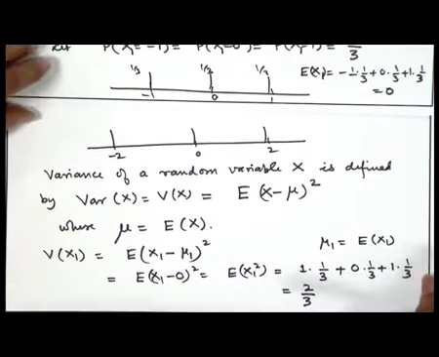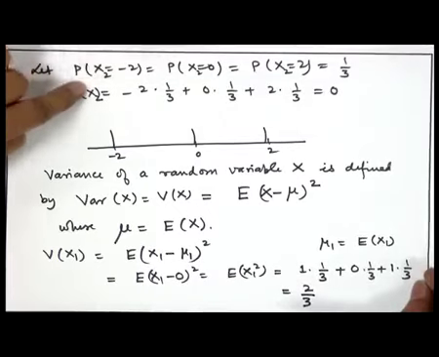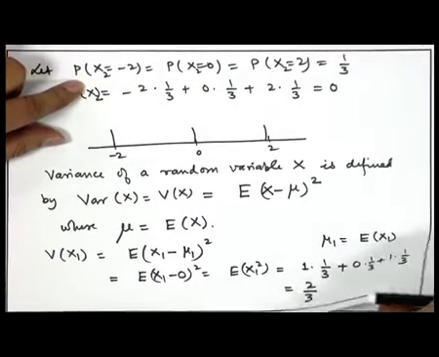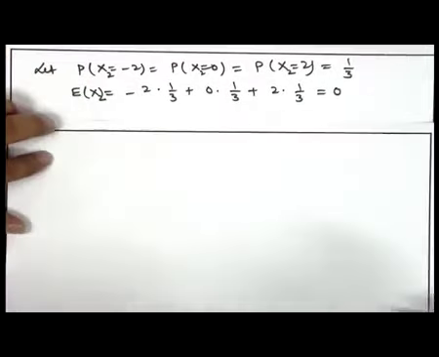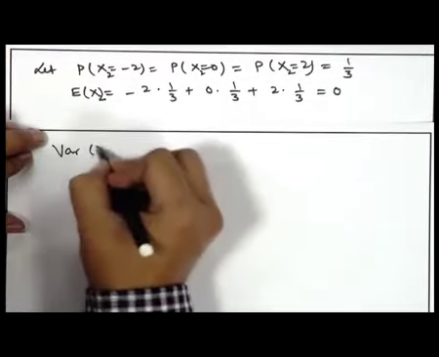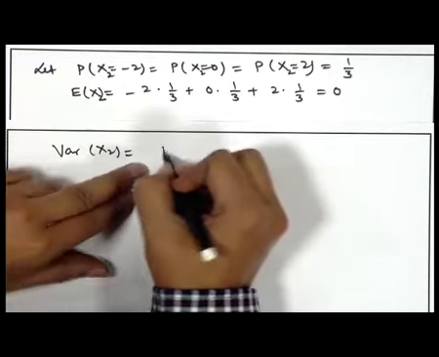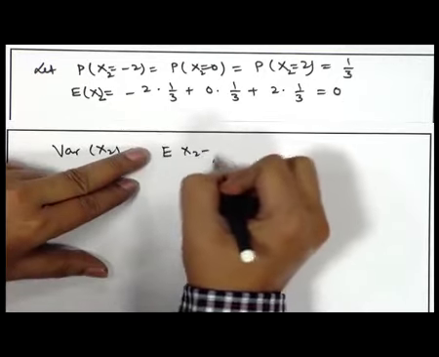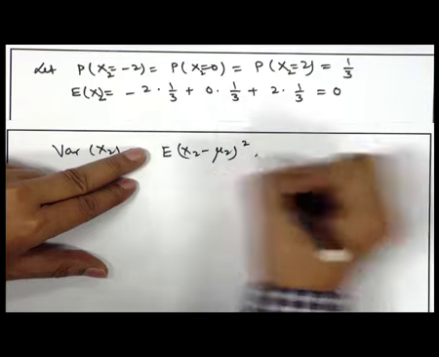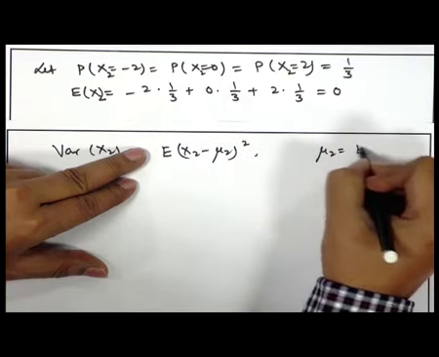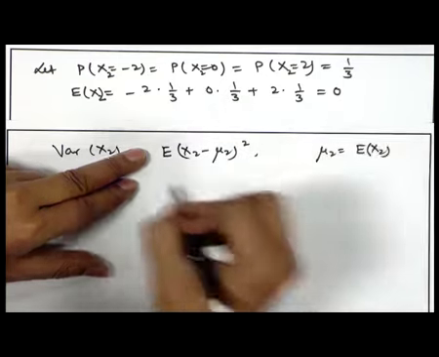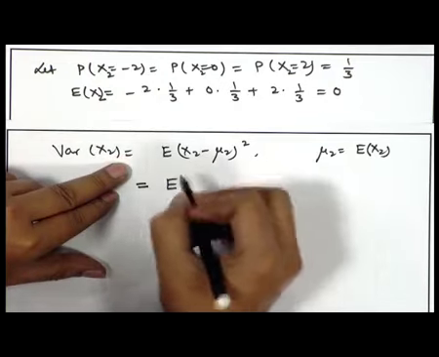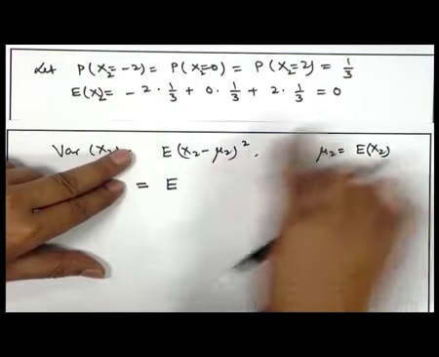Let us look at the same thing for the random variable x2. Variance of x2, that is expectation of x2 minus mu 2 square, where mu 2 is nothing but the expectation of x2. Once again, expectation of x2 is 0.